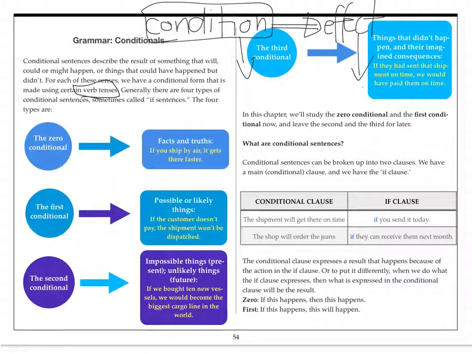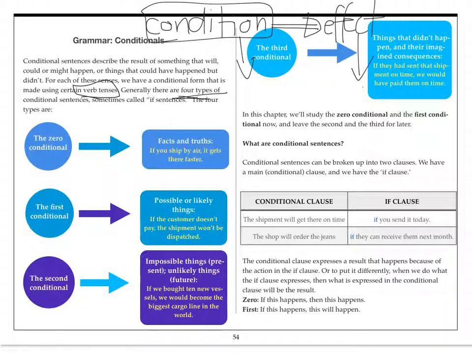Now, even though we are only doing two forms, I want you to know that there are generally 4 types of conditional sentences. These are also sometimes called if sentences, because the if is the condition under which we get a certain result, right, or a certain effect.